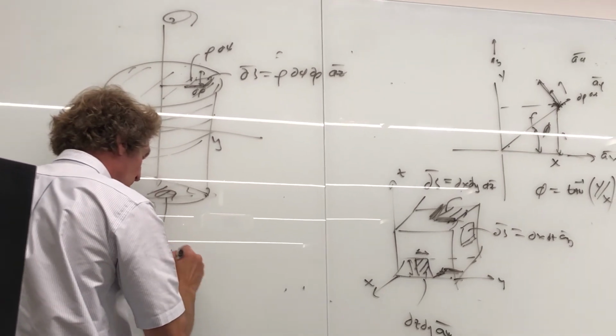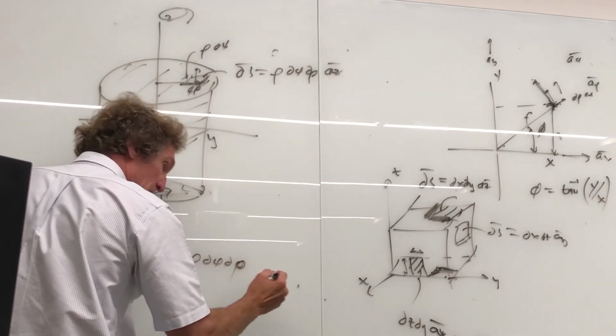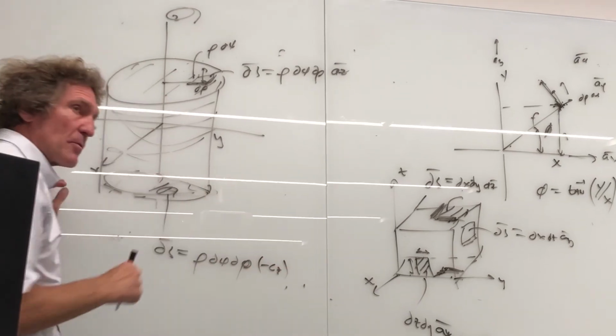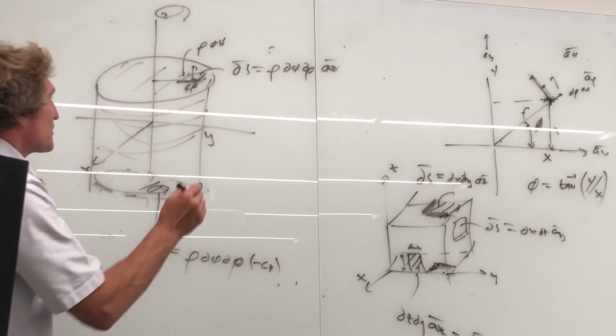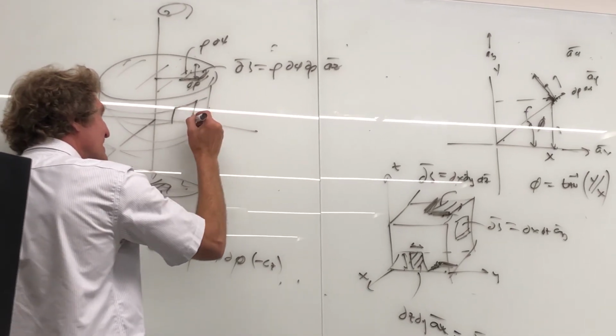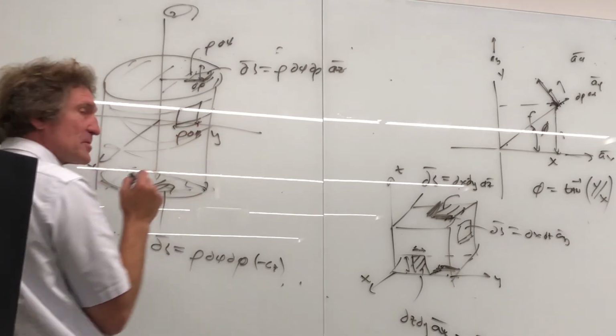ds would be what? Rho d phi d rho, minus az, right? It's pointing downward. Y'all see this? Now what about on the surface of this can? Well, I'm trying to show you. This length would be equal to rho d phi. You all see that?